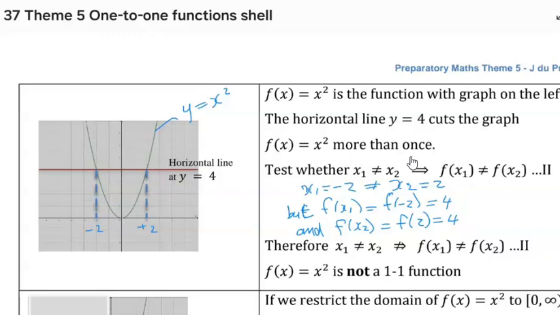So that means that even if I start with different x values, it doesn't imply that the function values are different. These two are equal to each other: f of -2 is equal to f of 2.